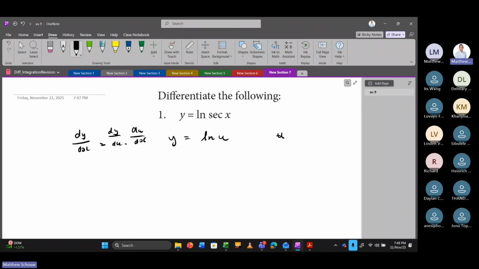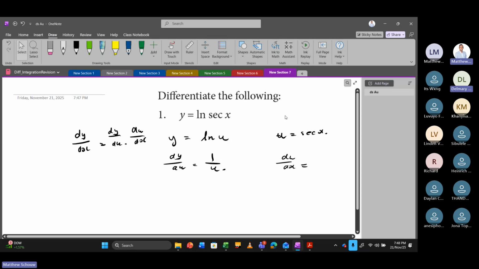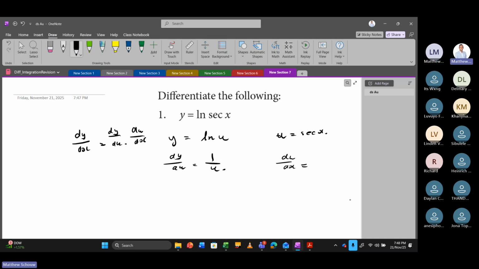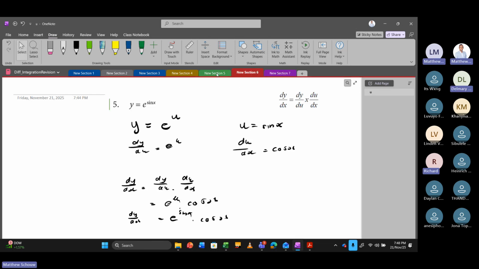Therefore, our argument we declare as u equals sec x. Are we happy with this? Let me say dy/du. 1 over u. du/dx. What's the derivative of sec x again? Sec x tan x.